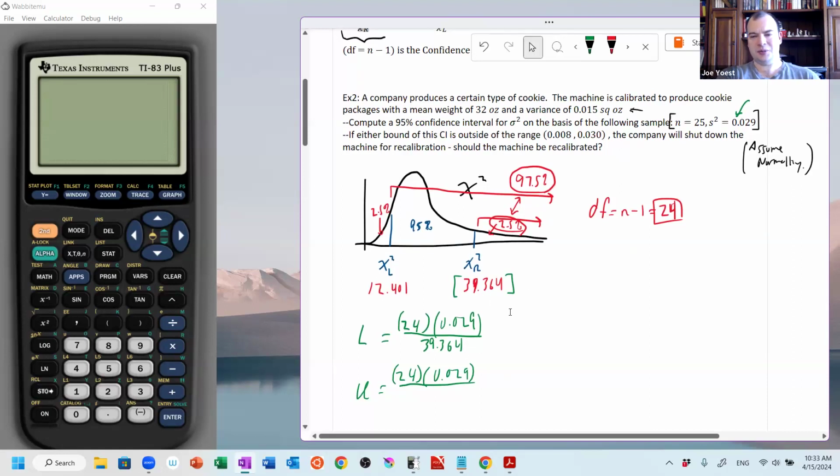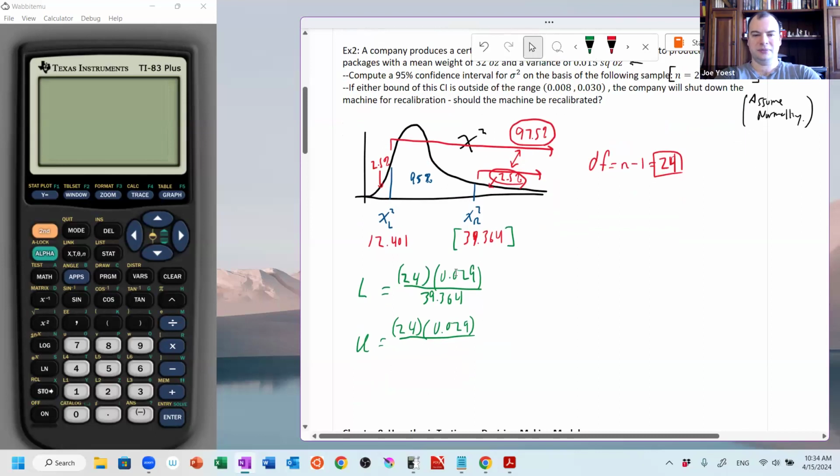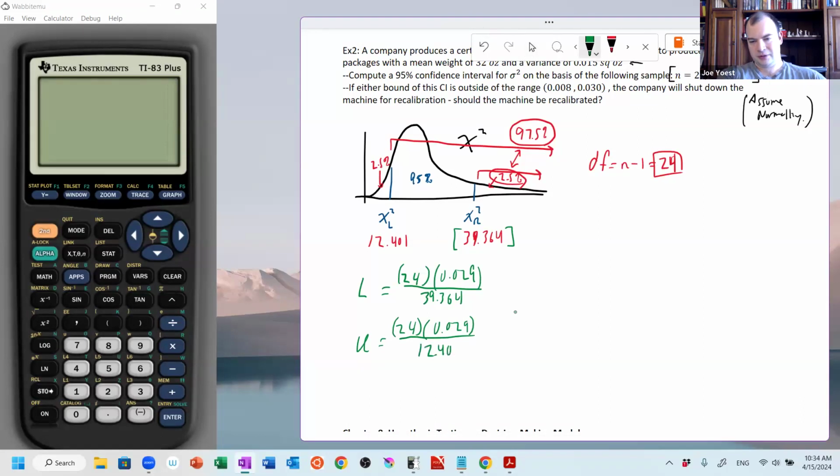Remember, we got the chi-squared numbers by taking standard normals, squaring them, then adding them together. That's where that squared comes into play. It's already taken into account, in a sense, in this number 39 or this number 12. So this 39.364, that's what goes in the denominator just as it is. And 12.401, the smaller number in the denominator of the upper bound.